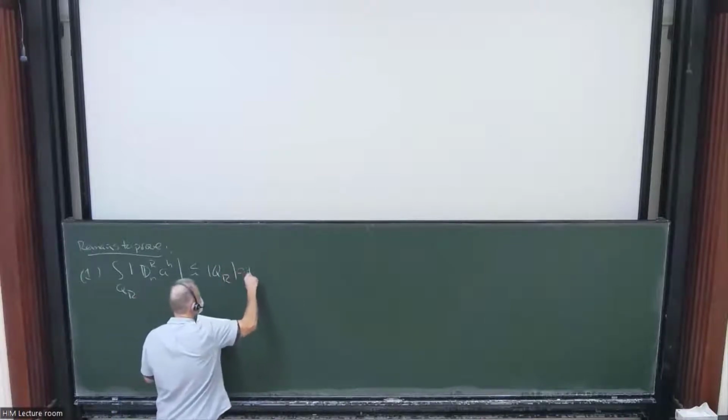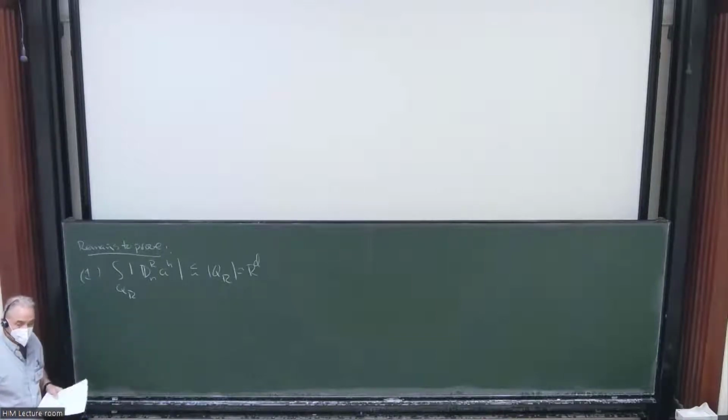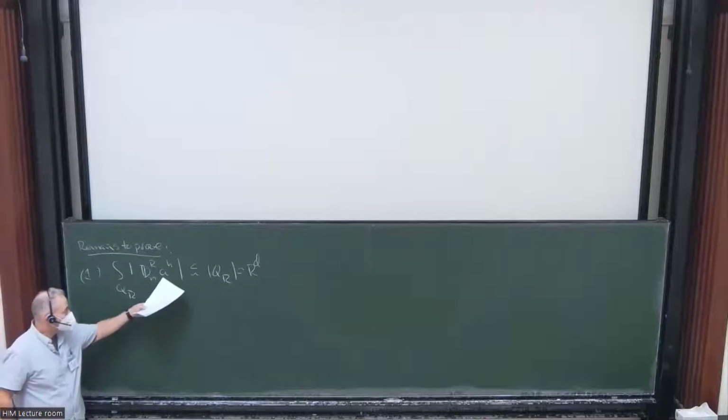Notice, of course, that this is like R to the D. Notice here at this point, we no longer need to restrict to F inside of QR because the F was only used to do this Marcinkiewicz integral business. Once we've got A replaced by AH, we don't have to have that restriction anymore.